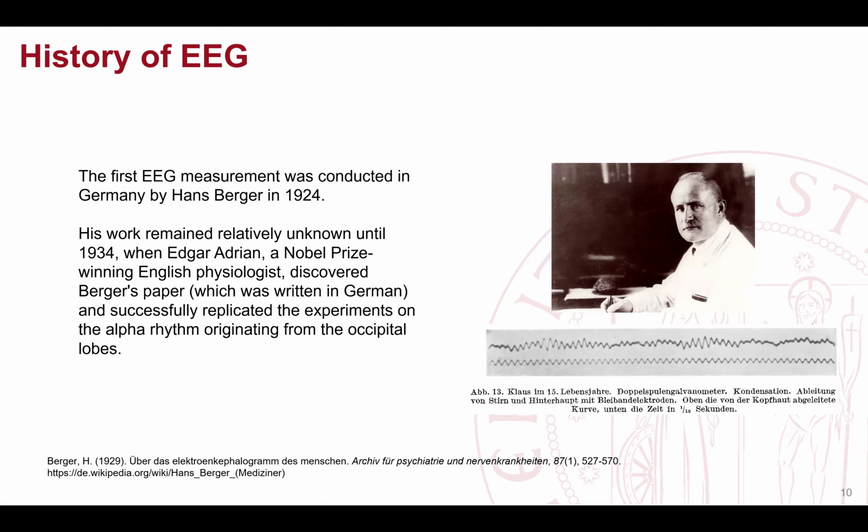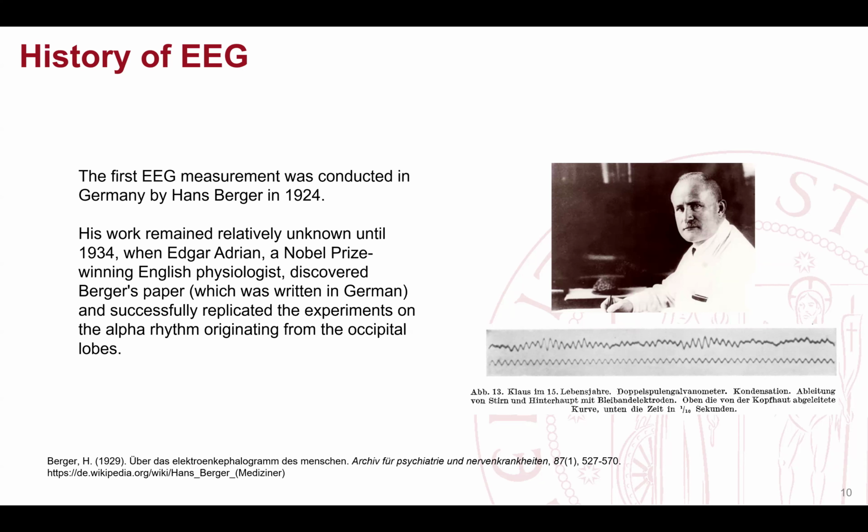His work was mostly discovered when it was used by the Nobel Prize winner Edgar Adrian for his research in physiology, and he cited the work of Berger on the EEG recording, and that is where the neuroscientific literature using EEG starts from.